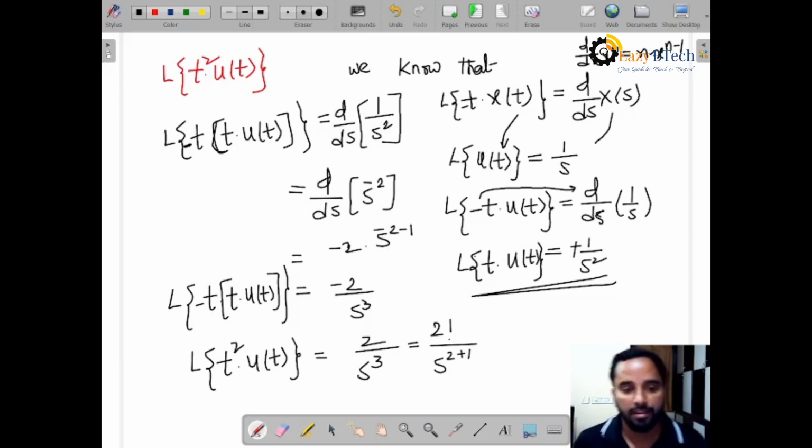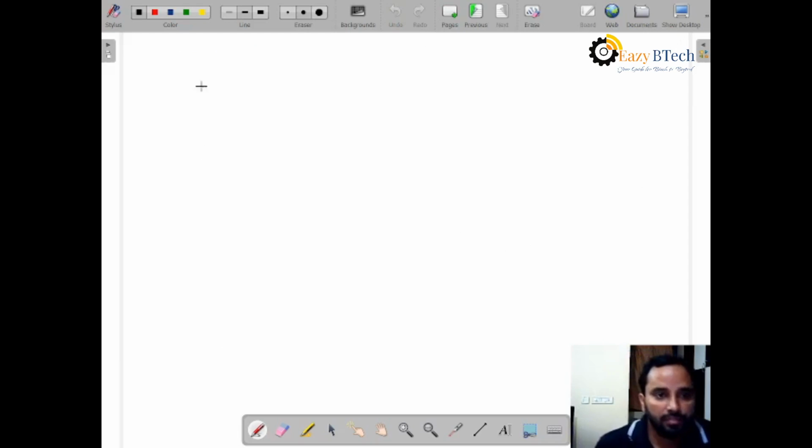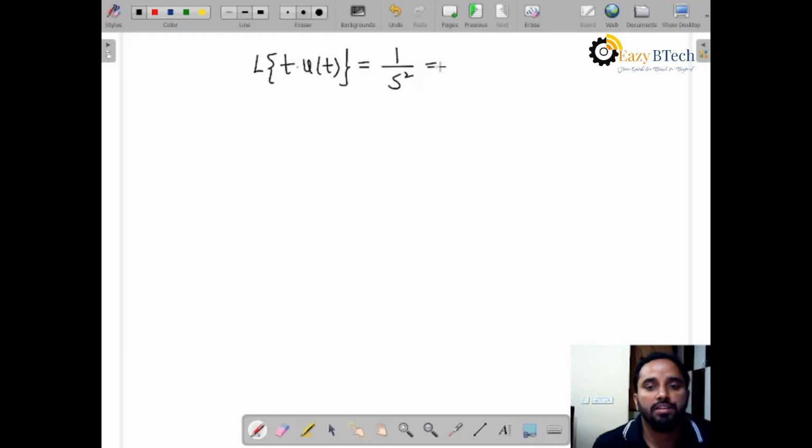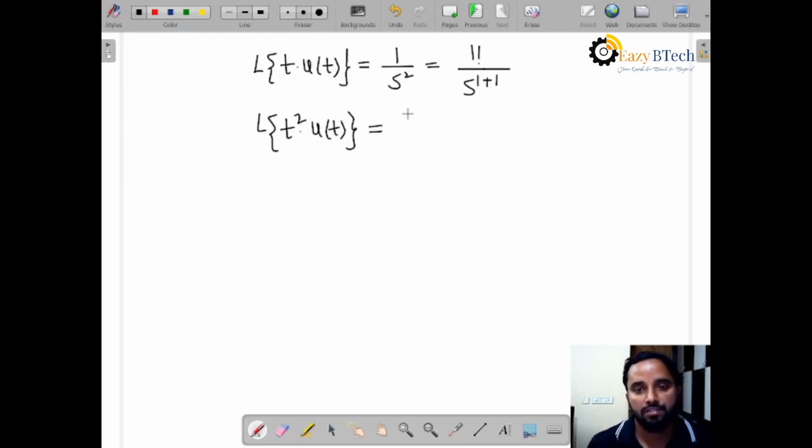Both are same. Now similarly, so what we got first, t u of t Laplace transform is 1 by s square, this we can write as 1 factorial by s power 1 plus 1. And t square u of t Laplace transform is 2 by s cube, we can write it as 2 factorial by s power 2 plus 1.